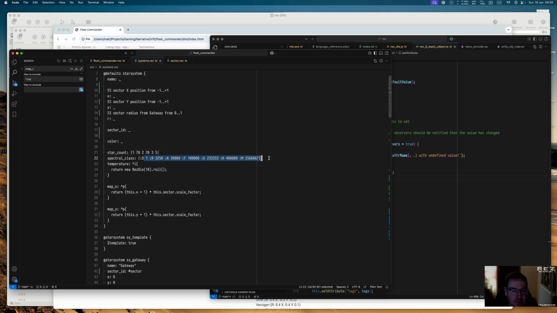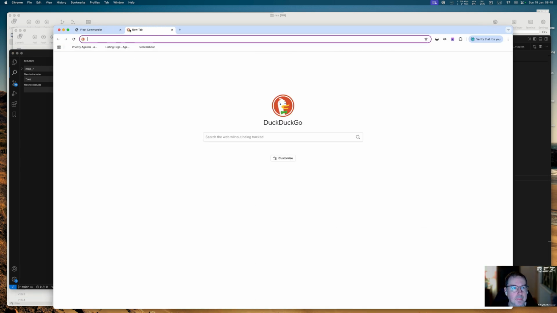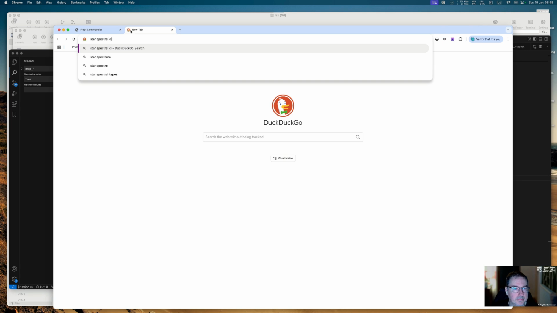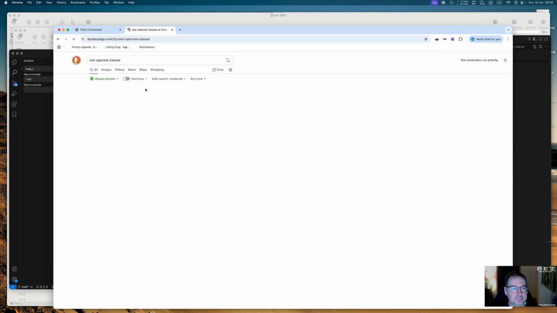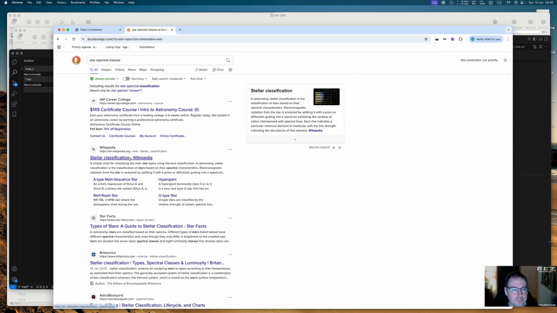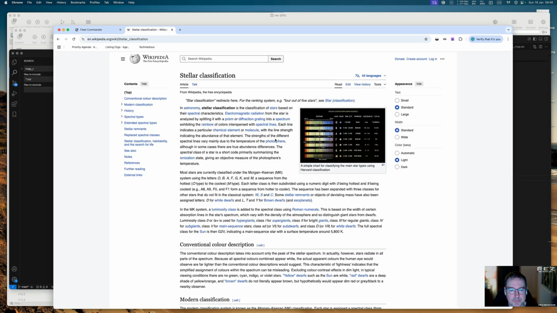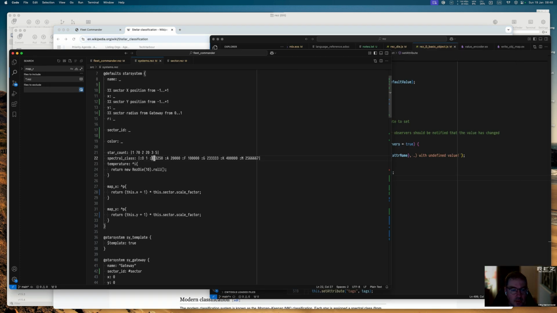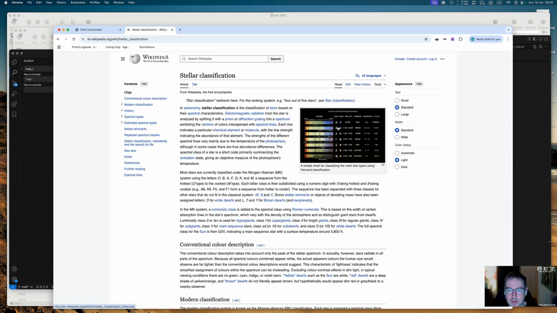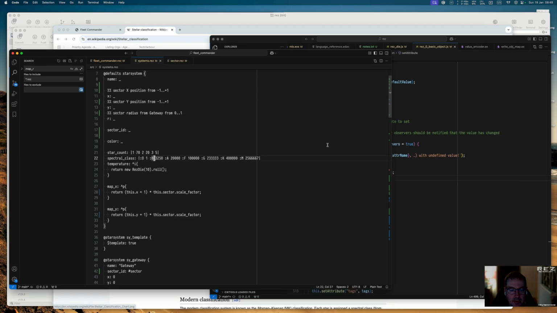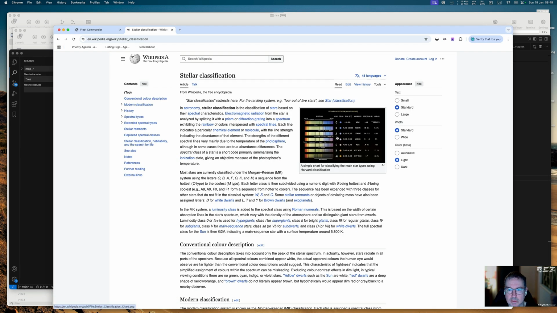But we've got this spectral class table, and I'm not an astronomer, so we've got O, B, A, F, G, K, and M. Right, so we've got our stars.